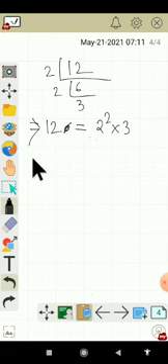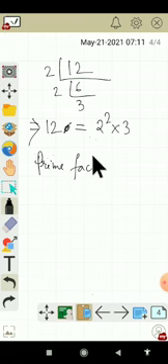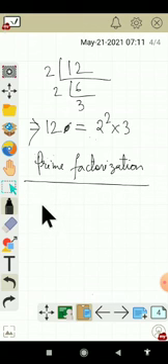So what is prime factorization? This is the process of expressing a number as a product of prime factors only.